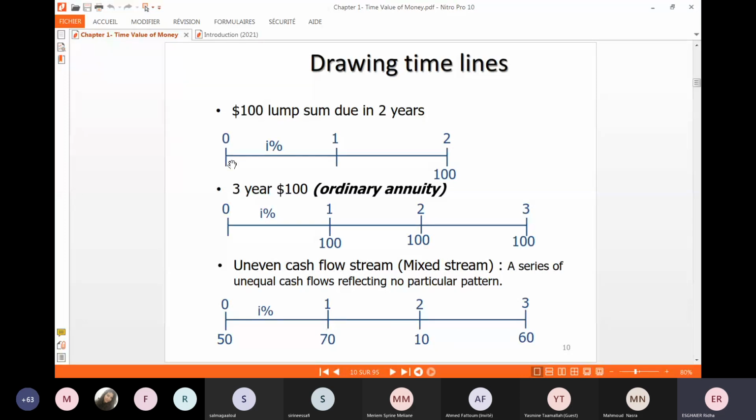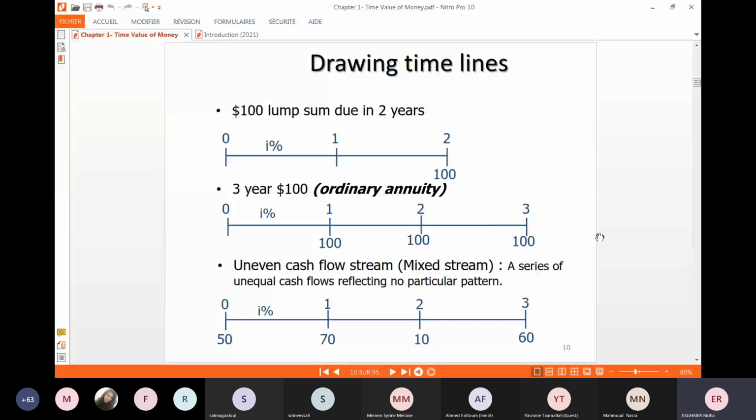For example, we can have a 3-year $100 stream. When we have the same amount received or paid at equidistant intervals during many years or many periods, we have the same amount, 100, 100, 100.